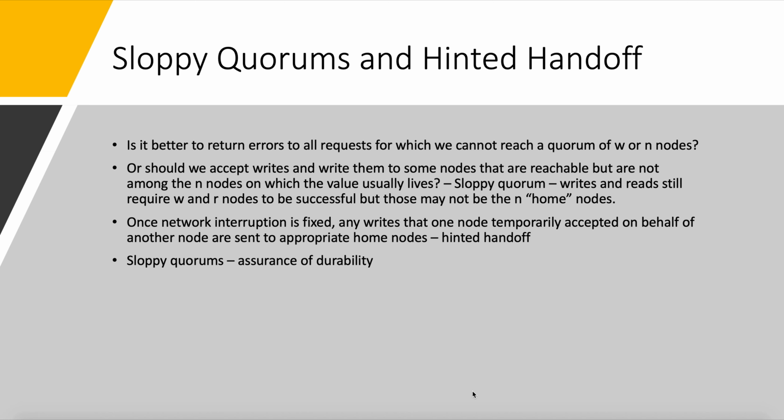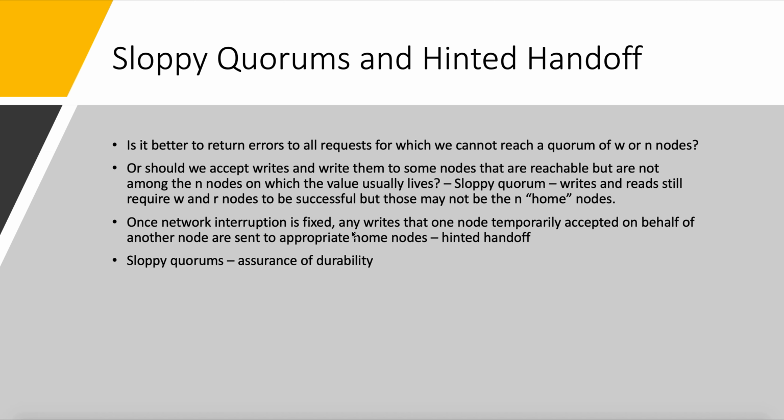Is it better to return errors to all the requests for which we cannot reach a quorum of W or R nodes? Or should we accept the writes and write them to some nodes that are reachable but are not among the N nodes on which the value actually lives? This approach is sloppy quorum, that is, writes and reads still require W and R successful responses, but those may include nodes that are not among the designated N home nodes for a value.